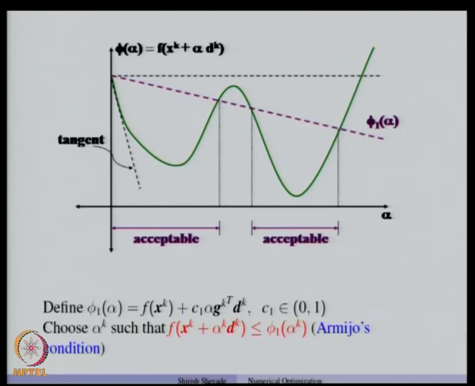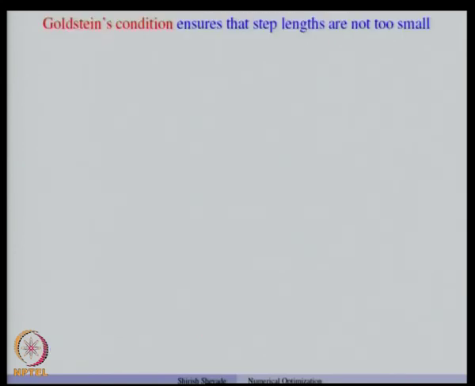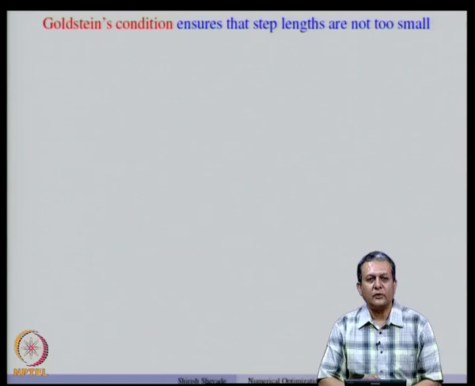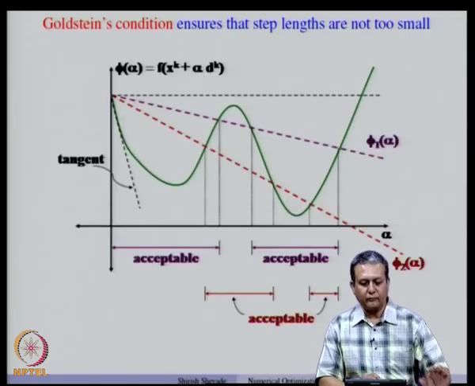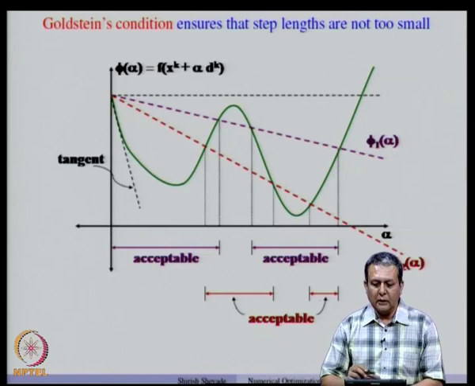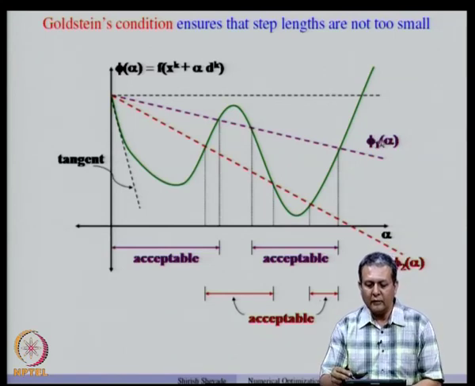Now, this condition does not ensure that the step lengths are small enough to be... rather, it does not ensure that they are not too small. So, there was a condition which was proposed by Goldstein which ensures that the step lengths are not too small. Now, phi 1 alpha was the function related to Armijo's condition.